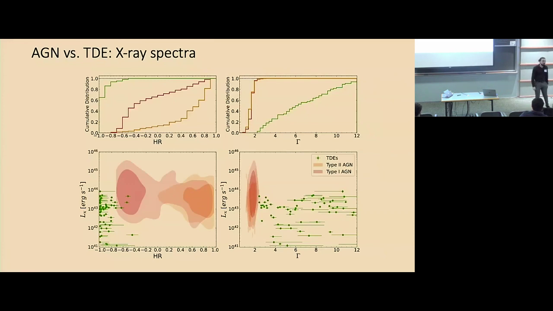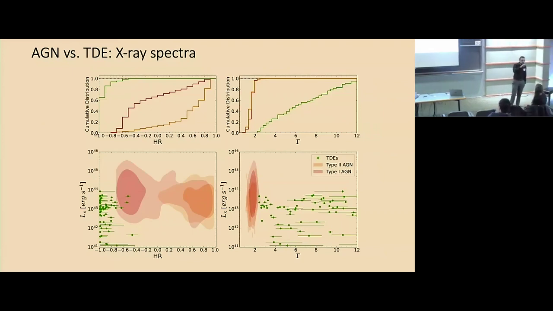Yeah, super fun results. I may have missed this, but for all the results that depend on a single luminosity for each source, what do you assume? Like, where in the light curve, what hardness ratio? Yeah, so in most of the plots here, I'm talking about the peak X-ray luminosity, right? And sometimes I'm talking about the early time, where I get the first good X-ray spectra that we have.